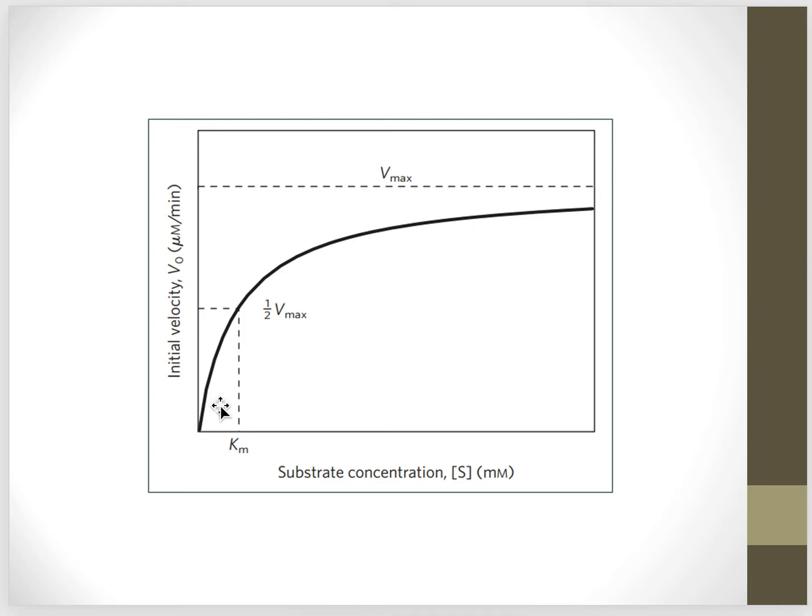Initially the change of the velocity will be high, but eventually the rate of increase will be slower, and they will come to a point where the change in reaction velocity is so small that it stays at a constant level. This point is called the maximum velocity. The velocity at this point of the reaction is called Vmax.